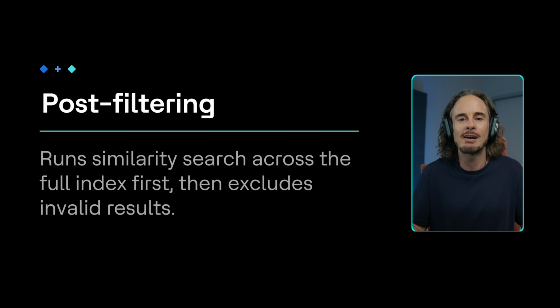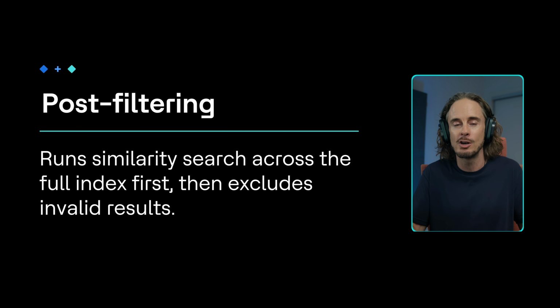Post-filtering runs similarity search across the full index first, then excludes invalid results. If using a flat index, pre- and post-filtering return the same results. But when an ANN index is used, pre-filtering can result in a poorly connected graph where valid results are no longer reachable.